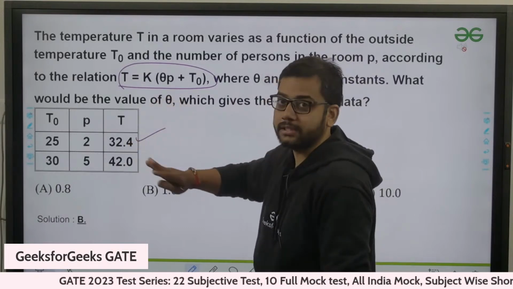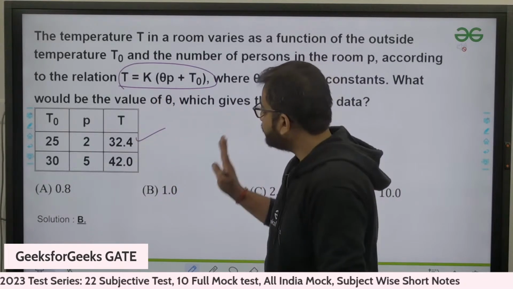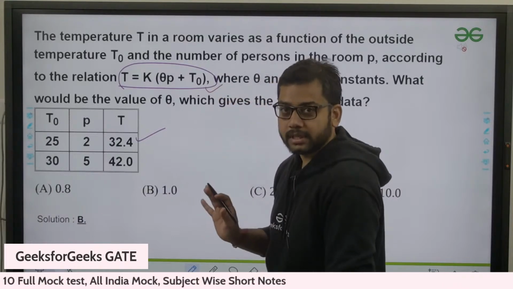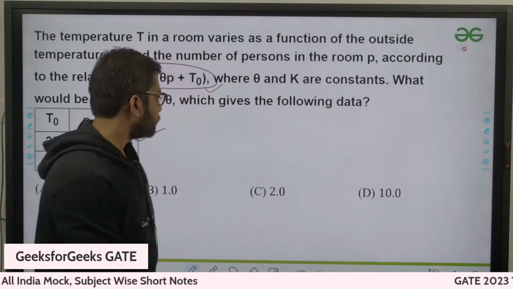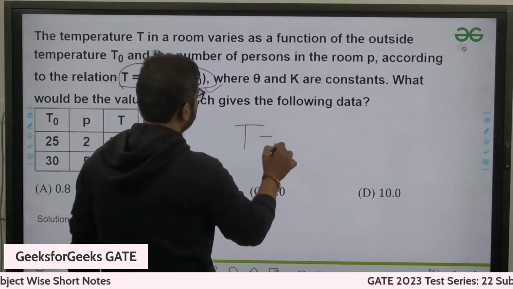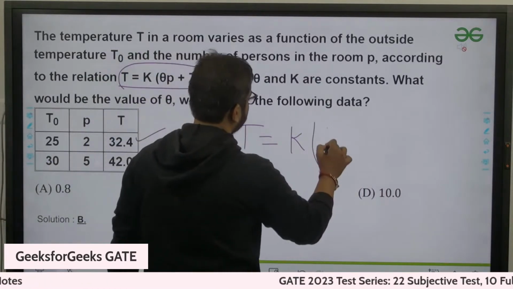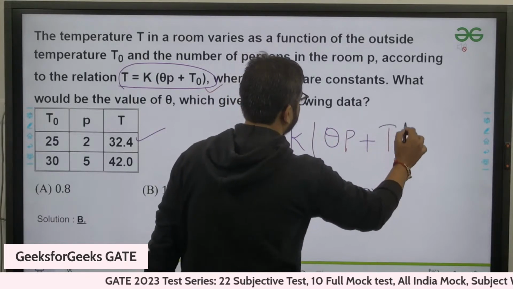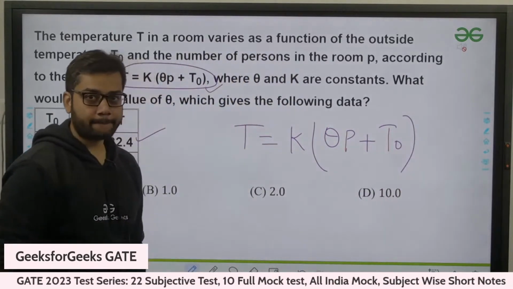The question is very easy. This is not based on thermodynamics, but the question gives one equation. This is our equation. So basically, T is equal to K theta P plus T naught. This is our information. Clear?